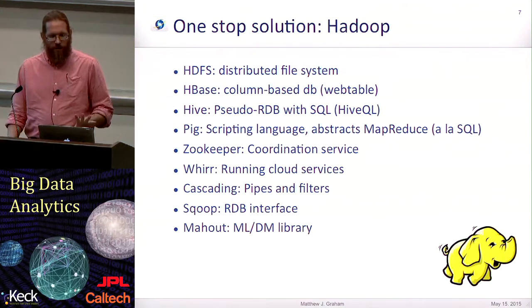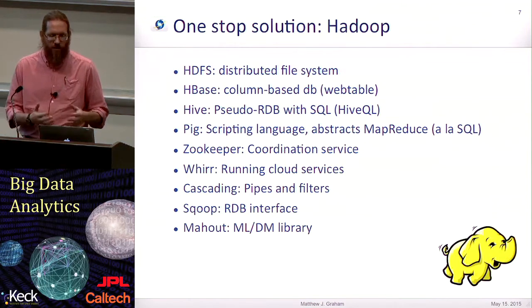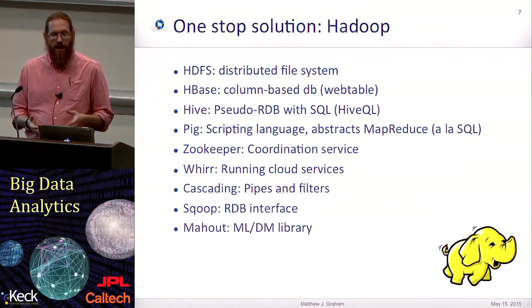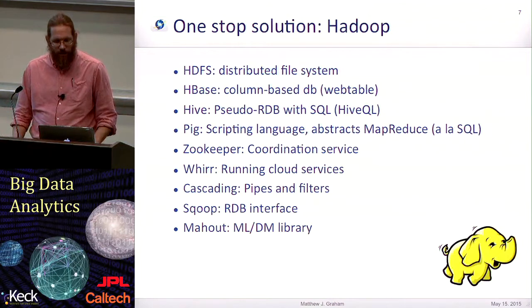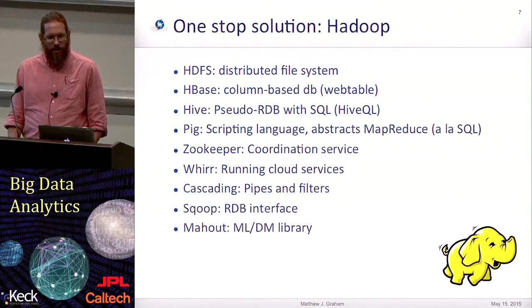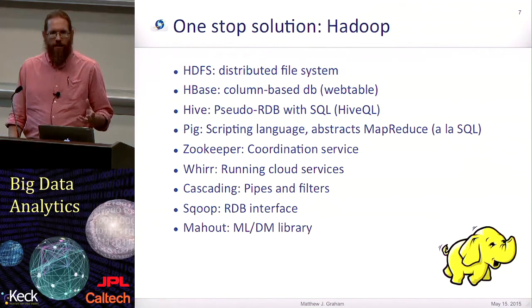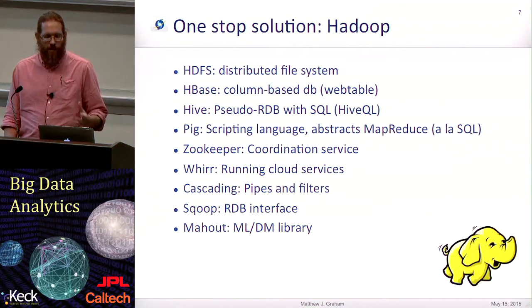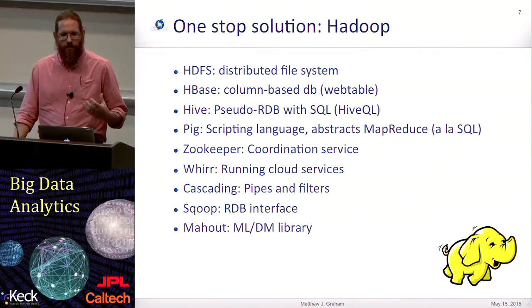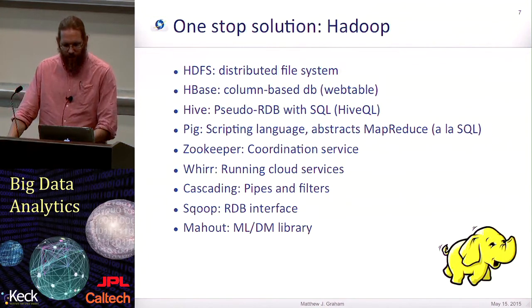So all of these make use of MapReduce to carry out the various functionalities that they provide in a cloud environment. So if you have need of a particular piece of infrastructure, there's probably a piece of software within the Hadoop suite that will allow you to do what you want to do.